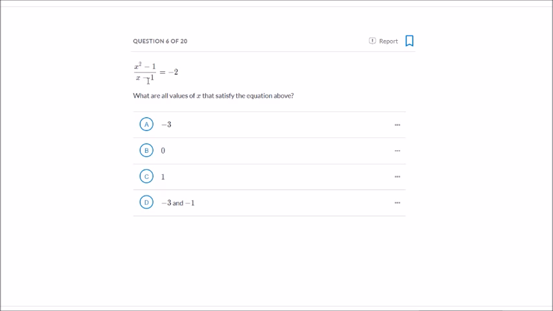If you put minus 1 up there, you'll get 0 on the top and 0 on the bottom, so it won't work. So it's minus 3. An alternate way is that x squared minus 1 is a difference of two squares. So it's x plus 1 times x minus 1, and the two x minus 1s cancel out. x plus 1 equals minus 2, so x equals minus 3.